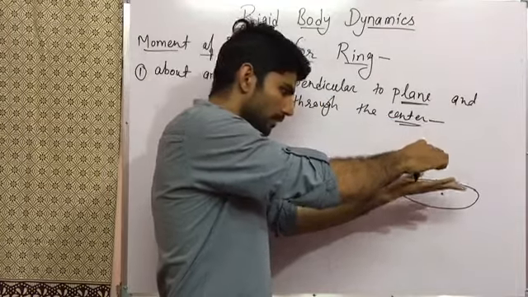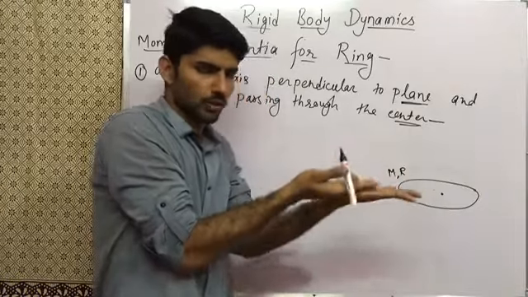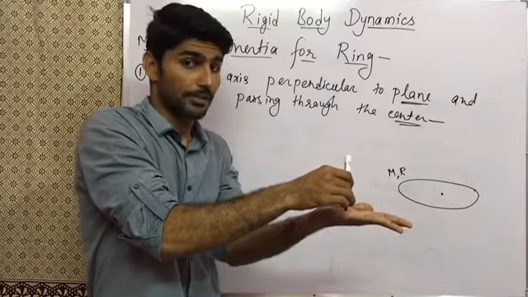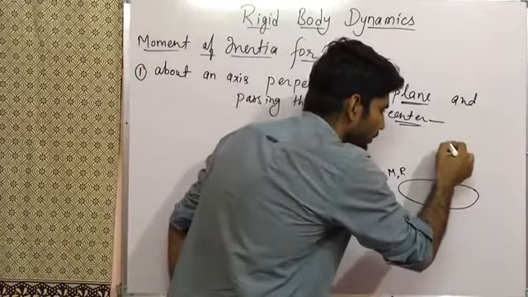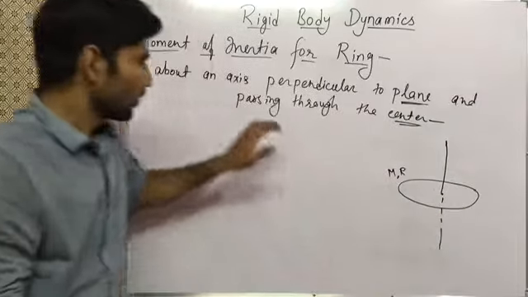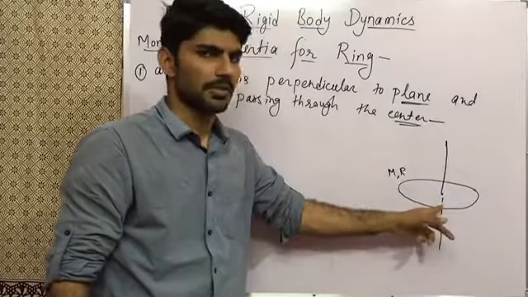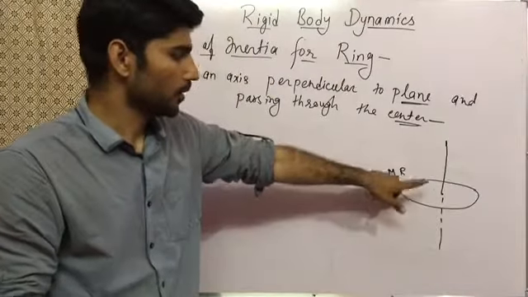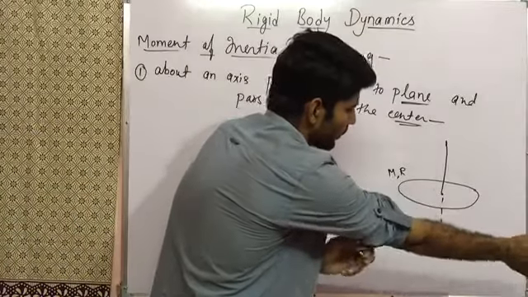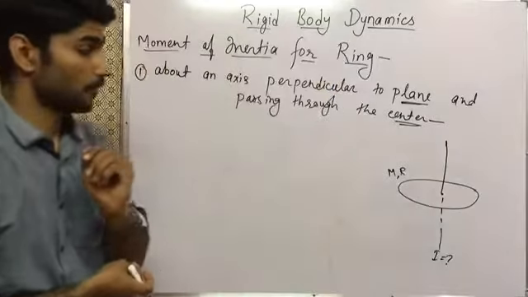This is the axis about which we need to derive the moment of inertia for this ring.